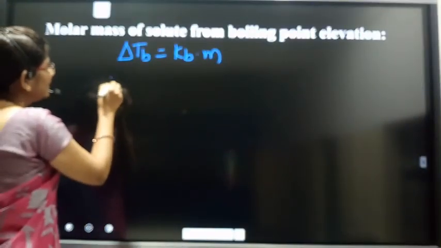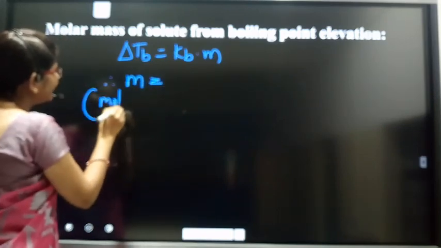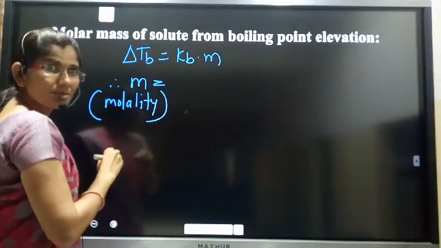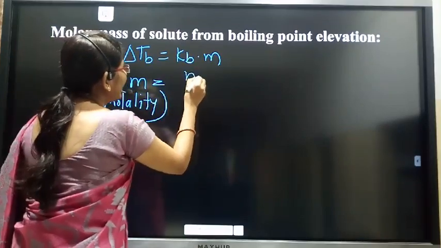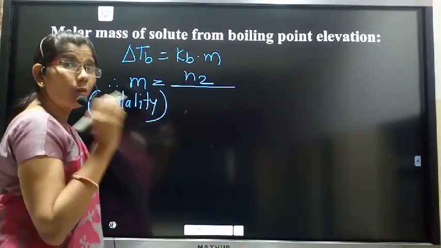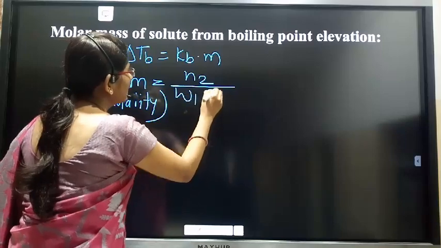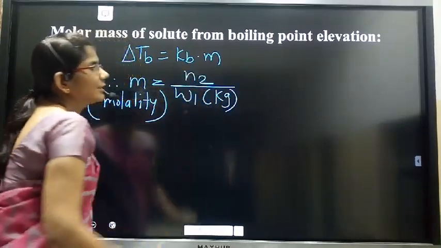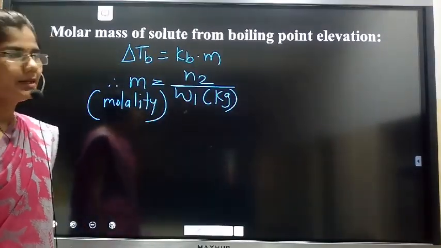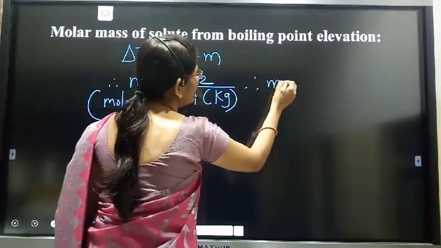Molality m is equal to n2, the number of moles of solute present in 1 kilogram mass of the solvent, that means W1, which is always in kilogram.